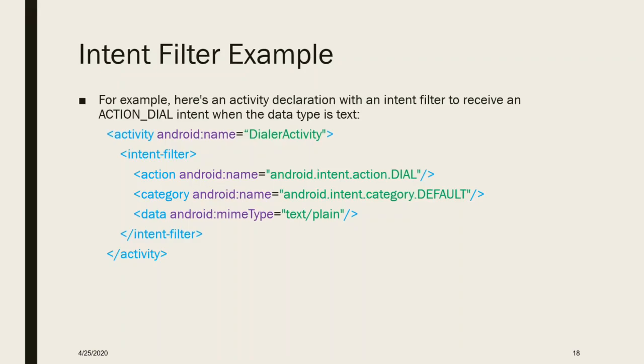For example, if an activity can dial phone numbers, then it should include an intent filter with the standard action. If your activity handles a specific type of data, it can add that information to its intent filter as well. Similarly, activities can specify categories for the intent they handle. If you want your activity to be implicitly called, you must name the category as default.